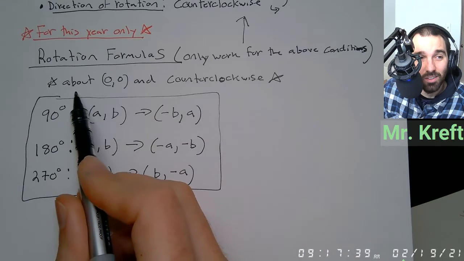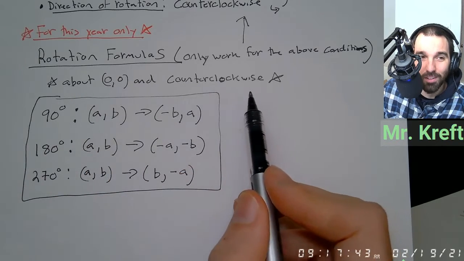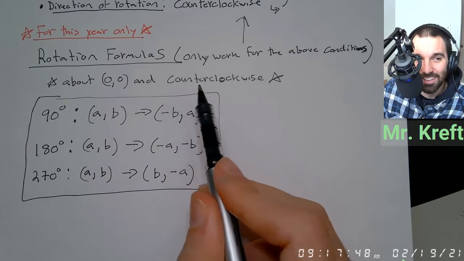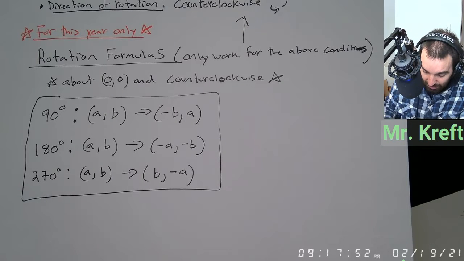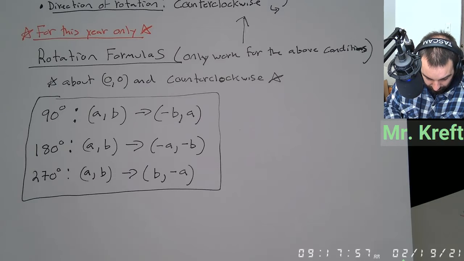Now remember, this is only true for when it's about (0, 0) and when it's counterclockwise. So we can't rotate around anything that's not (0, 0), and we can't do anything that's not counterclockwise. Fortunately for you guys, that's what your homework should be.